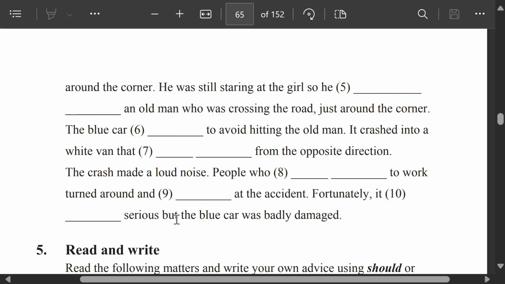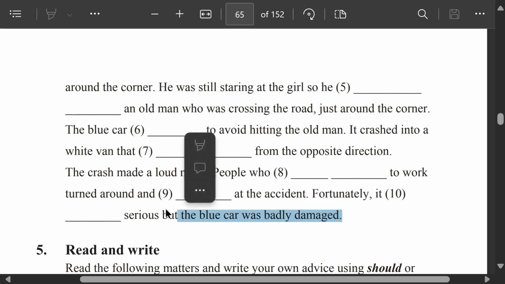So it was not serious, but you see, but shows a contrasting information. If look at this. Fortunately, it was serious. Let's say we say like that. Fortunately, it was serious, but the blue car was damaged. Then, because this is negative, is a negative thing, right? The car was damaged.